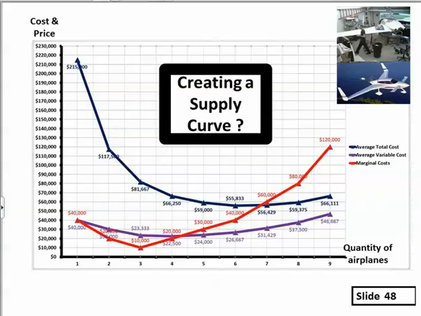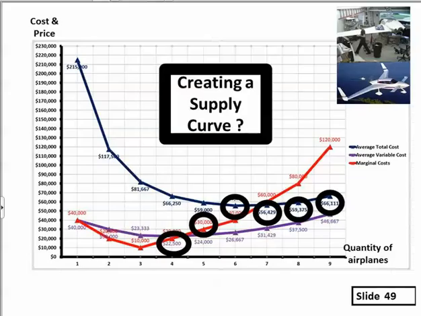Now, you might remember that we had a supply curve back in the beginning of the course, back in Unit 3 when we talked about supply and demand. And I tried to tell you that that supply curve was created based on the costs of all the different producers in that business. Well, we could take a look at this company and see what its supply curve would look like. Unfortunately, it's not as nice neat curve like my examples were earlier in the course, but we take these numbers.